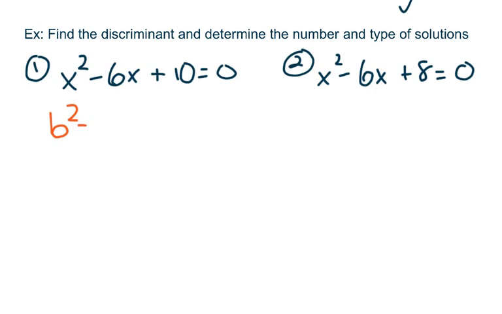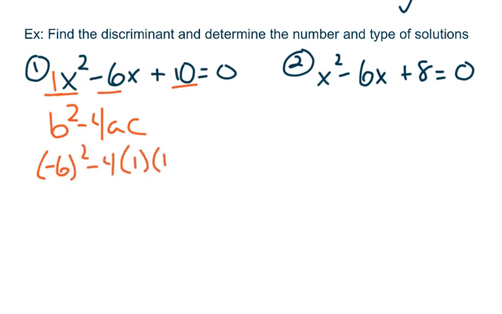So we're going to start with b squared minus 4ac. Here's a, which is in front of x squared. There's b, there's c. Let's fill it in. It's all plug and chug. So we're going to have negative 6 squared minus 4 times my a, which is 1, times my c, which is 10. So negative 4 times 1 times 10 is going to be negative 40.